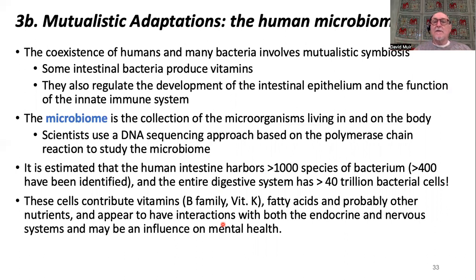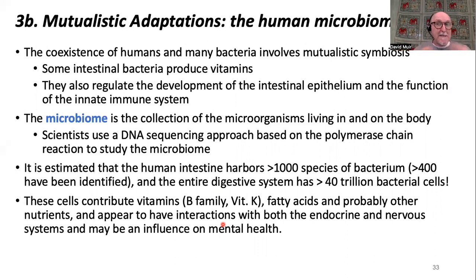And it turns out that, for example, our intestine harbors more than 1,000 species of bacteria. Of those, only about 400 have actually been identified. But when we look at the whole digestive system, we harbor about 40 trillion bacterial cells.